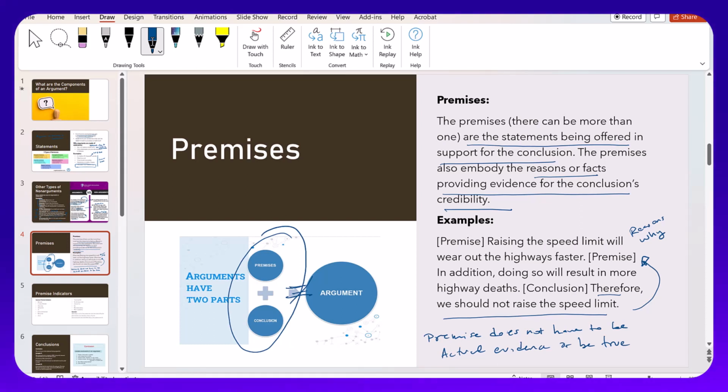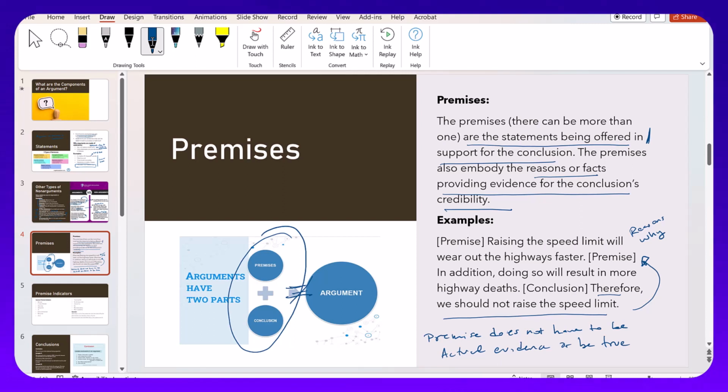The key for using a premise and determining an argument is deciding whether it has fulfilled the purpose of being in support of the conclusion. So, for example, you also don't have to know if it's always true, right?